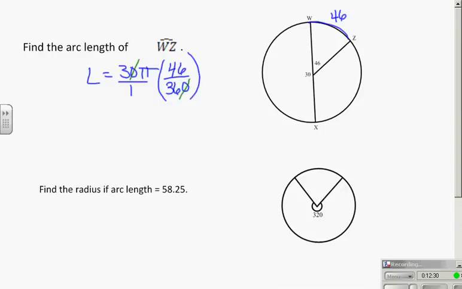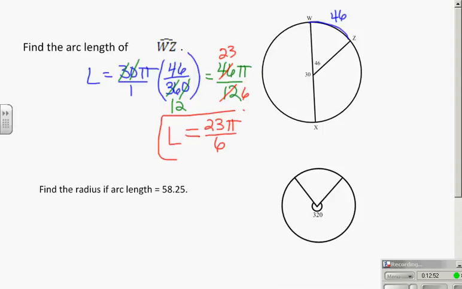Anytime numbers end in 0, you can cancel basically a factor of 10. 3 goes into 36 12 times. So at this point, I have 46 pi over 12. 46 and 12 are both even numbers, so they have a factor of 2. And so my arc length is 23 pi over 6.